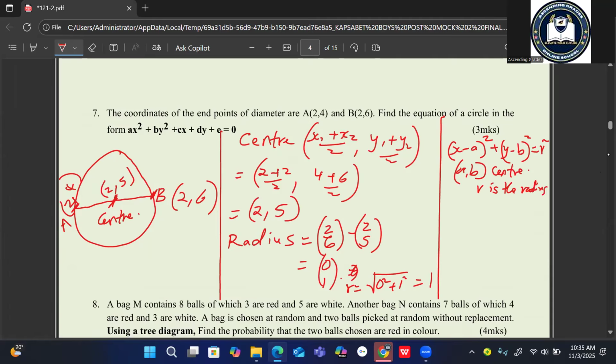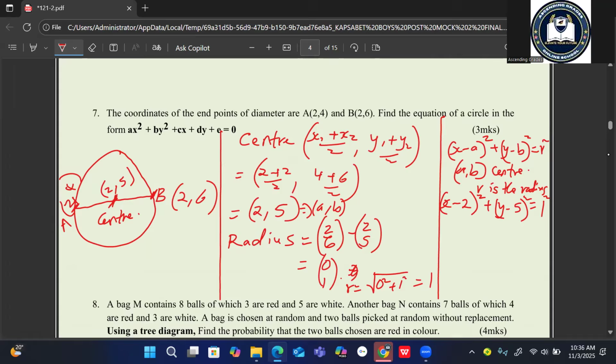So replace our a, b here. It will be (x minus 2) squared plus (y minus 5) squared is equal to 1 squared.